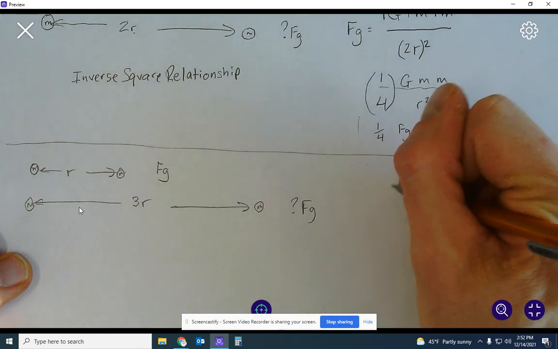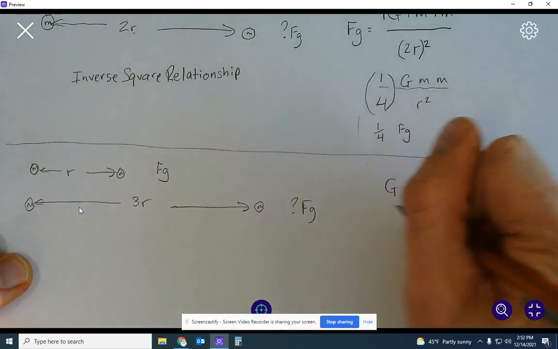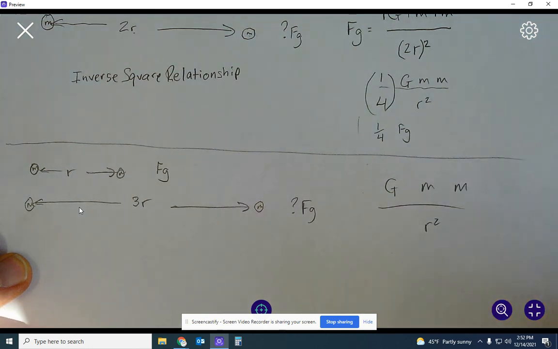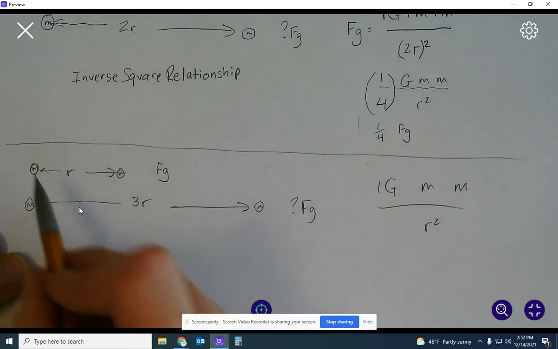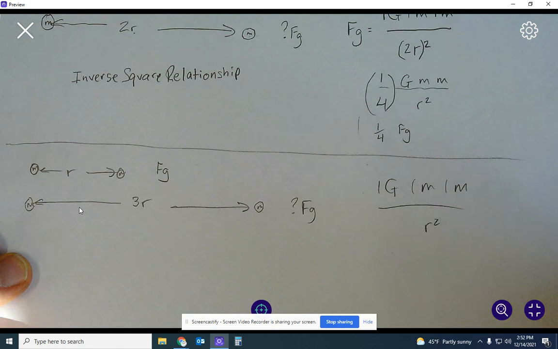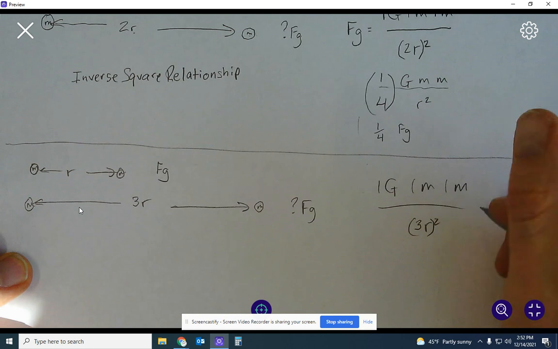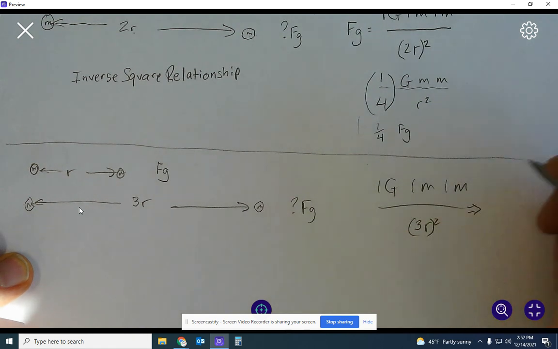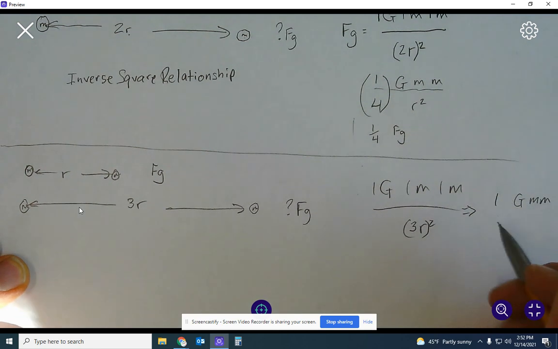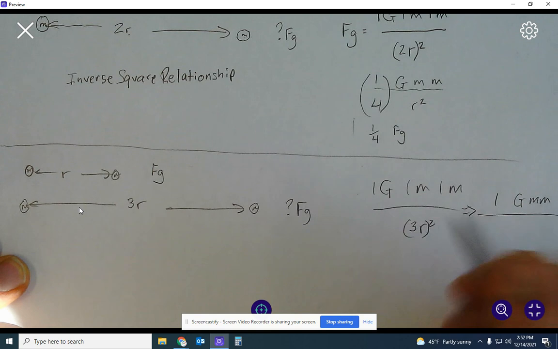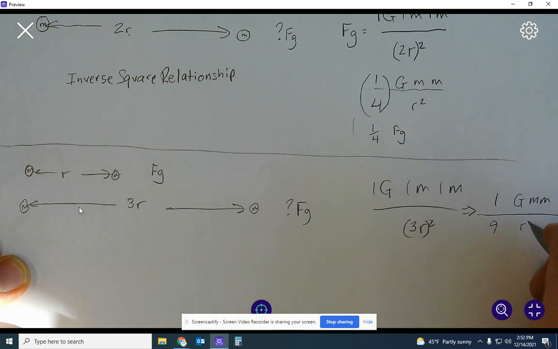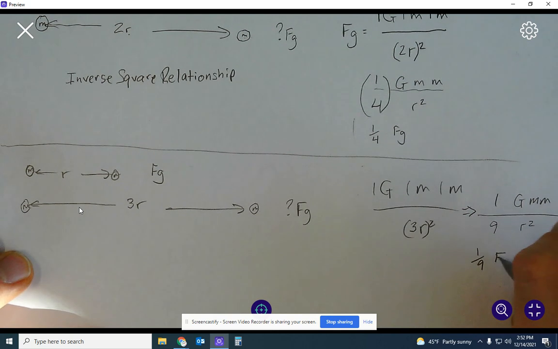I want to use my GMm over r squared relationship. Never going to change big G. In this case, I'm not changing the masses, so the masses stay the same, and r is increasing threefold. So factoring this out, I get 1 times G times M times M, and this is going to be 3 squared is 9 over r squared. So this is 1/9 times whatever the force was.